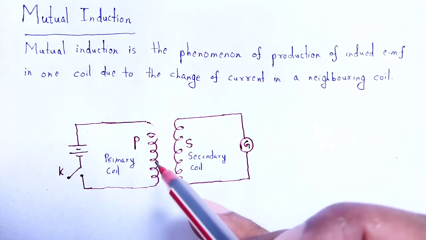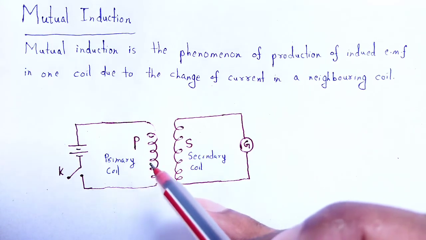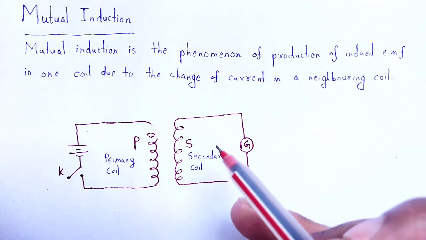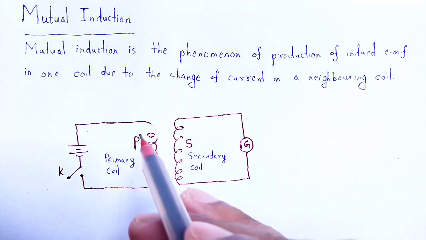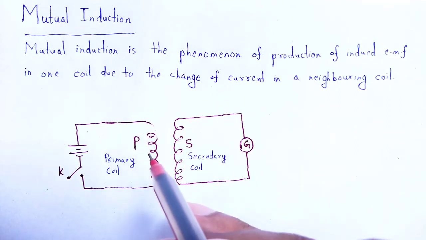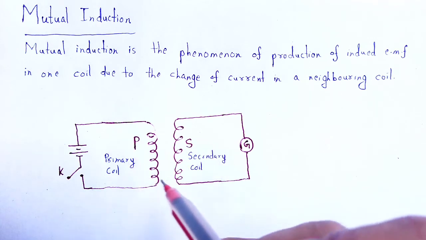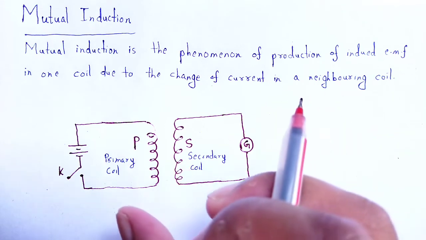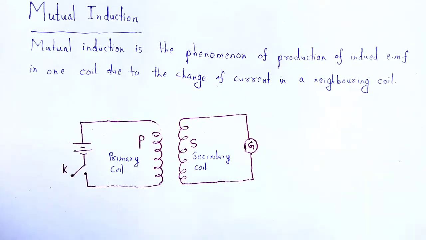In that case, the EMF is again induced in the secondary, but in the opposite direction. That is why the coils P and S are said to be a pair of coils, or we can say coupled coils. Okay.